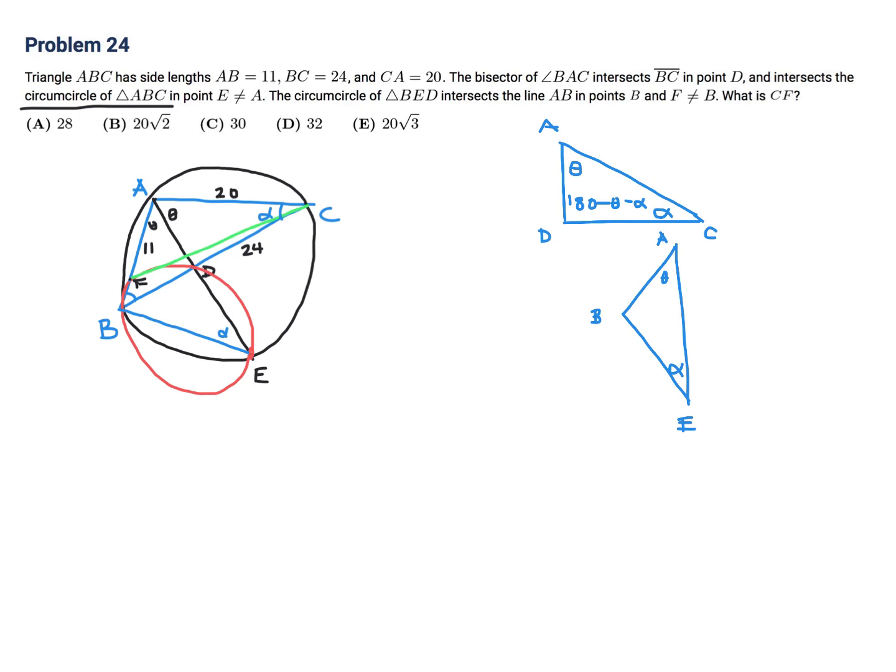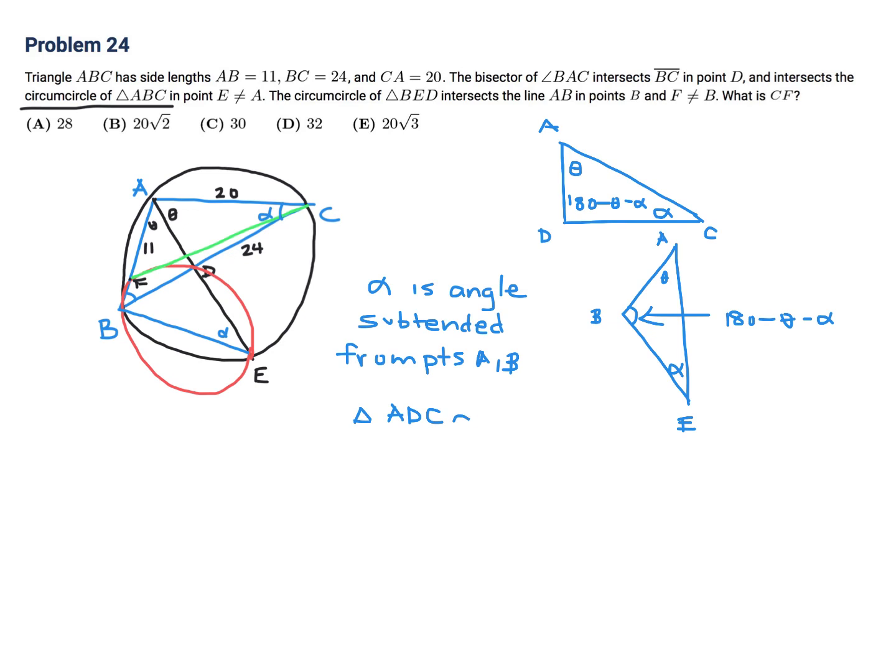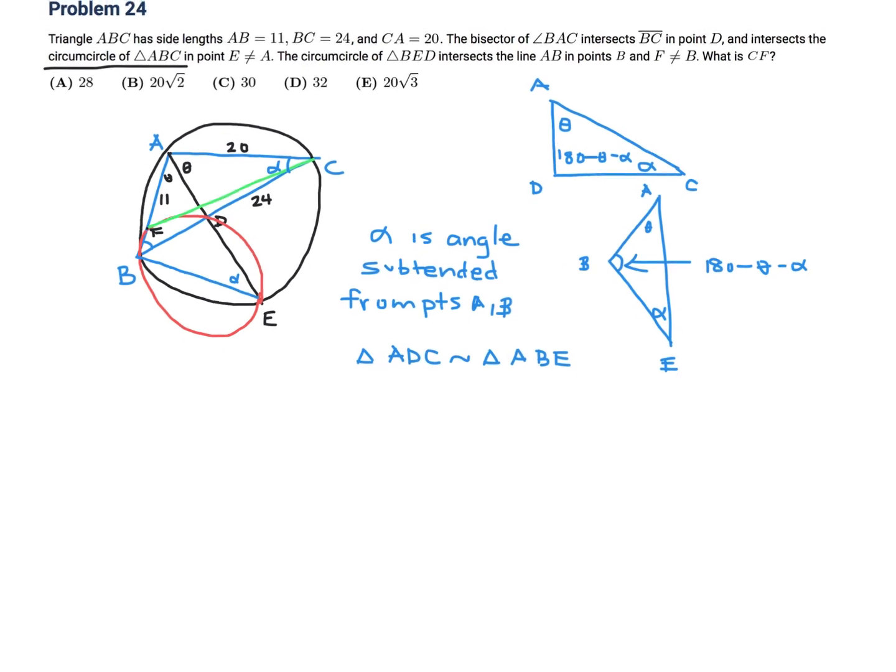That's a fundamental property: angles subtended by points A and B. And therefore this angle in here, same thing, has got to be 180 minus theta minus alpha. So, in a very painful way, that makes those two triangles similar. ADC is similar to triangle ABE.